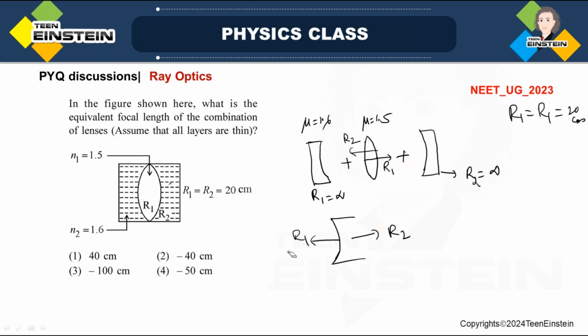If you know the lens maker's formula, we know this formula: 1 over f is equal to mu minus one, where mu is the refractive index of the material with which the lens has been made, and then the refractive index of the medium, in this case air, we have to take for each of them.